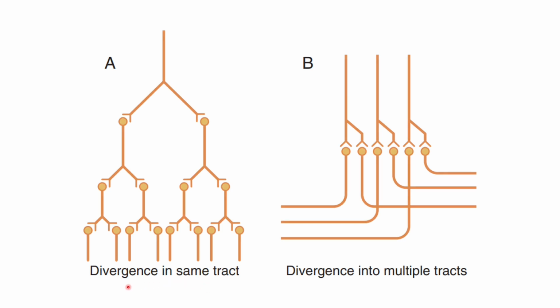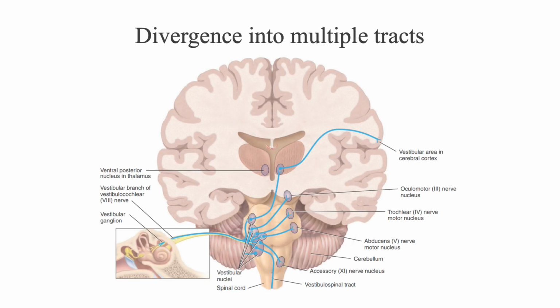Generally, the divergence circuits are divided into divergence in the same tract or divergence into multiple tracts. And as we mentioned, divergence into multiple tracts is very important for a holistic integration of information, this integrative part of processing information.